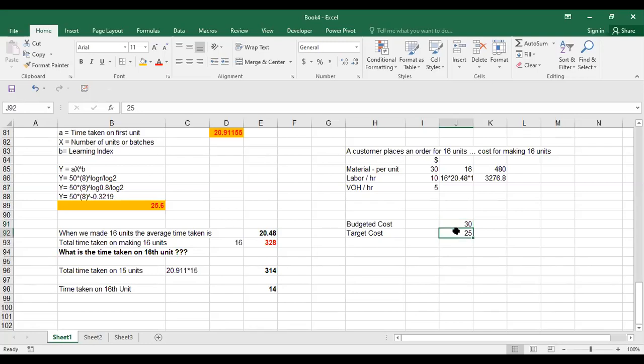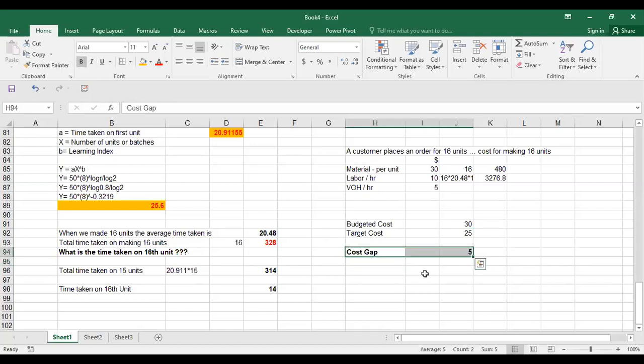Target is 25 and you say that there is a cost gap. So you call in your production supervisor, your production manager, and you say, listen, we have to make it in 25. This is our target cost. You are making it in 30.